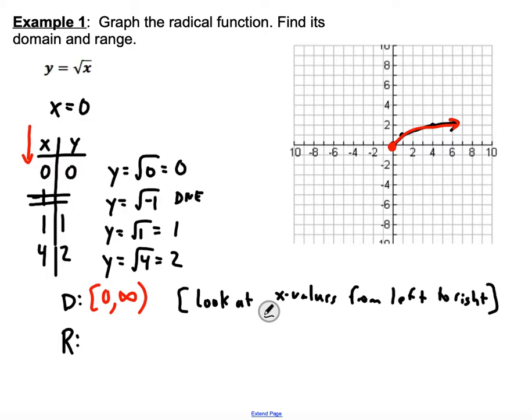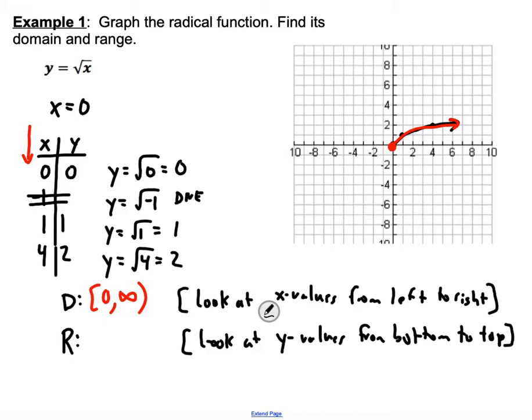Range, you want to look at the y values, from bottom to top on your graph. So what's the bottommost point on your graph?